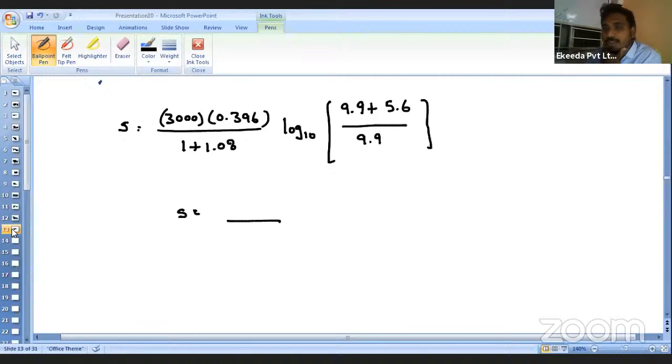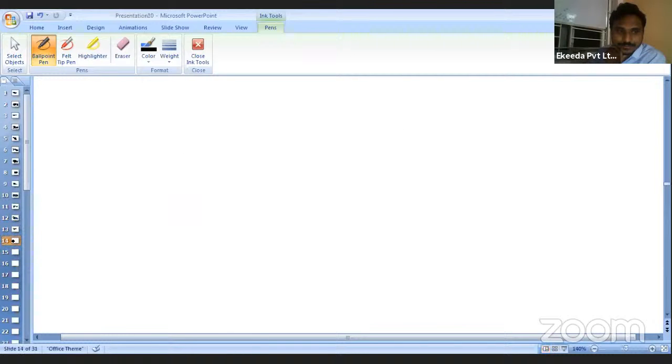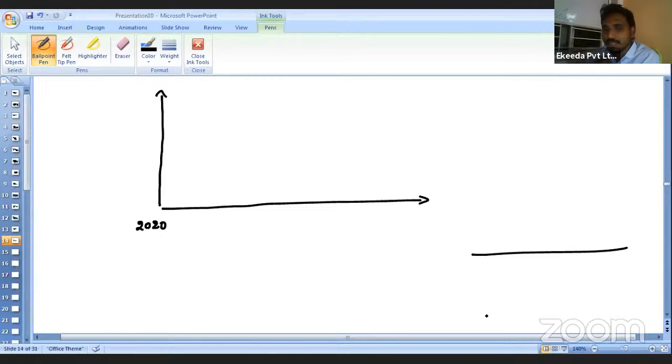Then how much time do we have to take? That is also one point. Let us say I am assuming that in 2020 I am taking some natural deposit here, and I want to construct some foundation structure here.